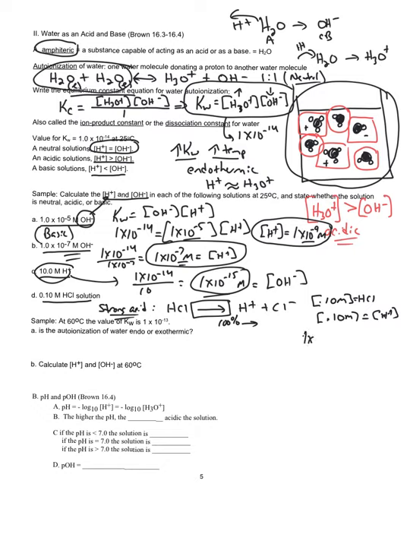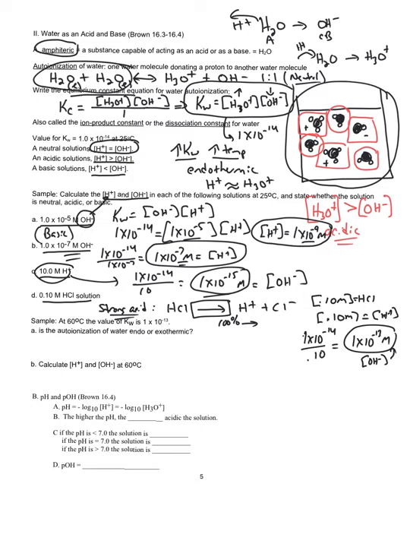So now to find the concentration of the hydroxide ion, we'll divide the Kw by the H plus. And this would be the concentration of the hydroxide ion. So again, for strong bases, the label on the molarity of the base is equal to the concentration of the hydroxide ion.